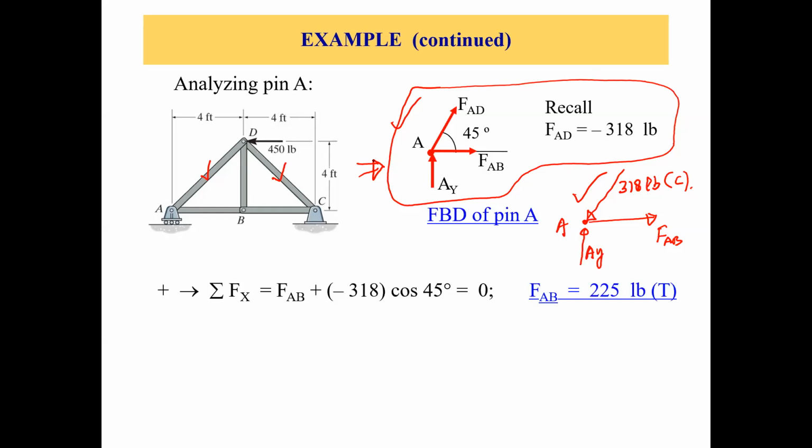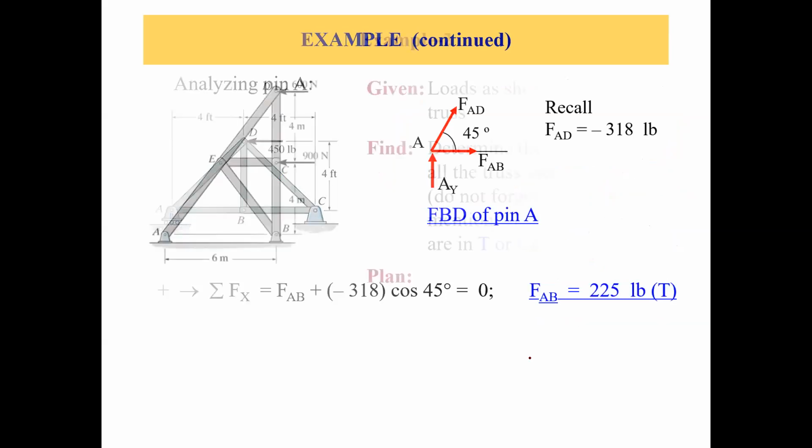Okay, so that's the equation for sigma Fx, and from here you get FAB, which is 225 pounds. It's a positive force, which means that our assumption is correct, and it is a tensile force, right?